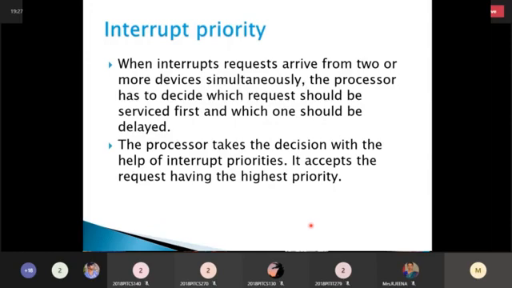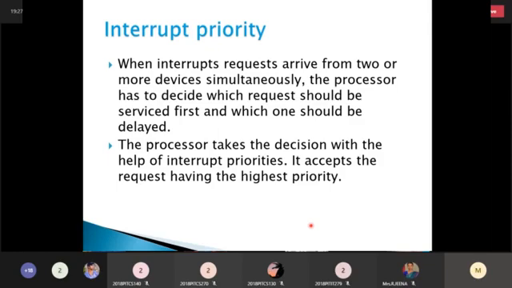Next is interrupt priority. Many input-output devices may give the interrupt request simultaneously. When interrupt requests arrive from two or more devices simultaneously, the processor has to decide which request should be serviced first and which one should be delayed. Based on this, we need to set the priority: which one to handle first, which one to service first, and which one should be delayed.